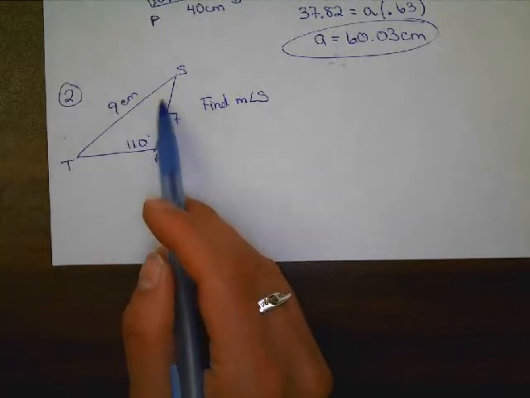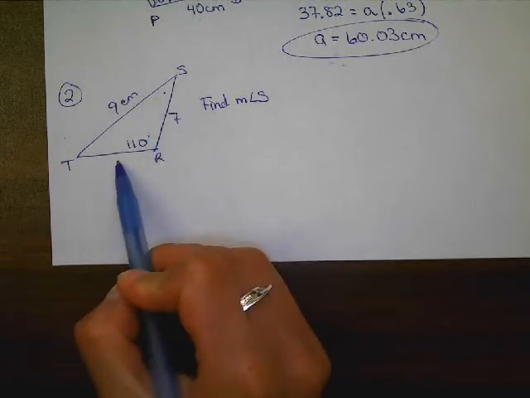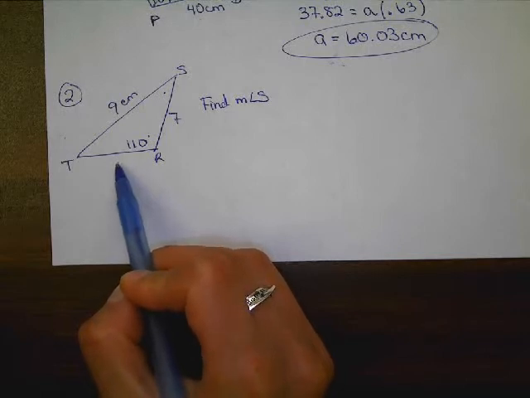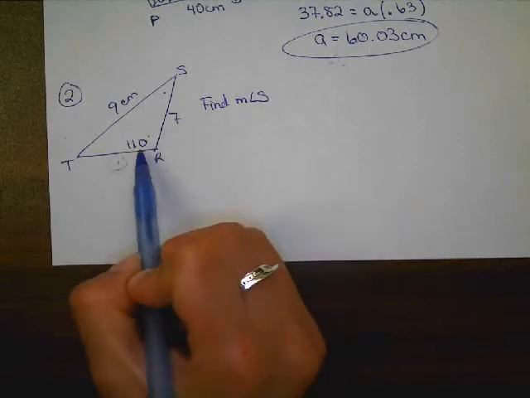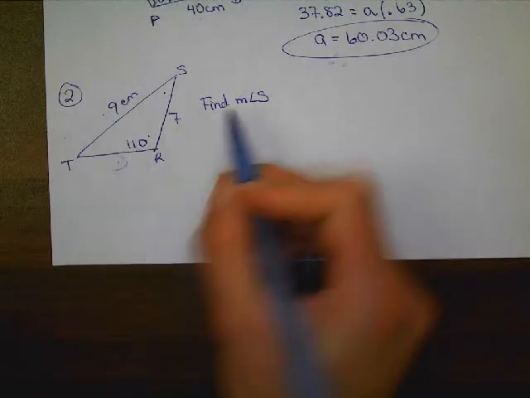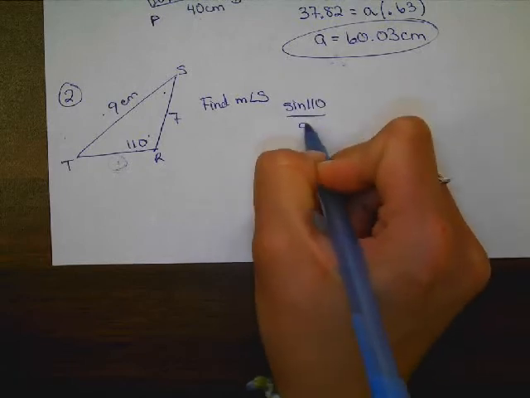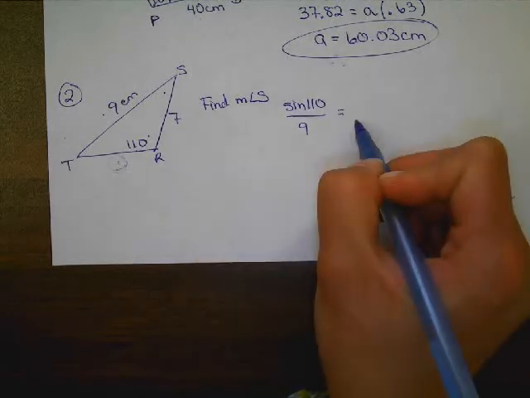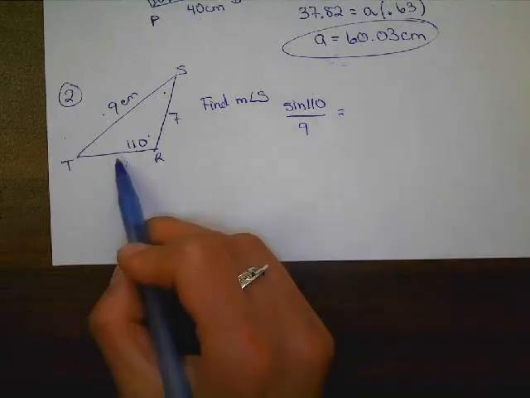Well, if I'm missing this angle here, I need to know this opposite side to be able to set up a proportion. However, I don't know this opposite side, so we're going to have to use something else to figure out what this opposite side is. Okay, if we look at what we do have, this angle on this side, so I'm going to set that up first. Equal, now we have to see what else we know that we could possibly use.